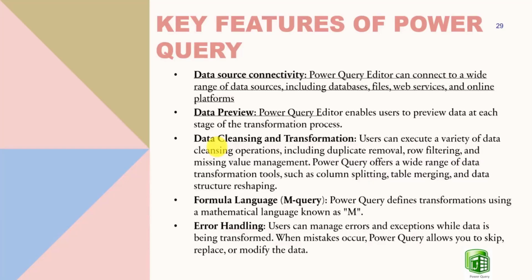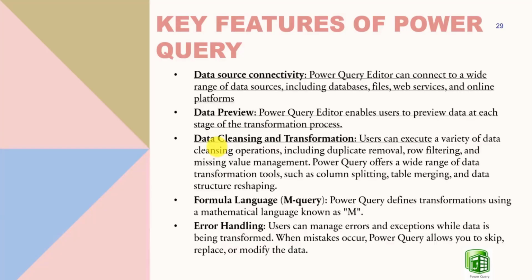Next feature is data preview, which enables users to preview the data at each stage of the transformation process. Also, this aids in understanding the effects of applied alterations on the data sets.